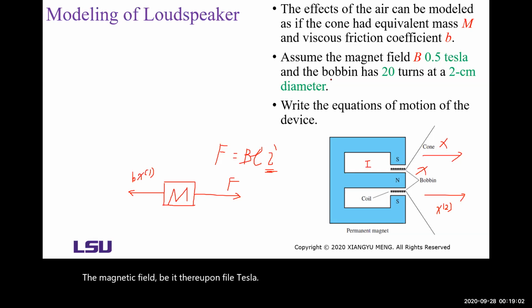The bobbin has 20 turns at a 2 centimeter diameter. First, we need to determine the circumference.